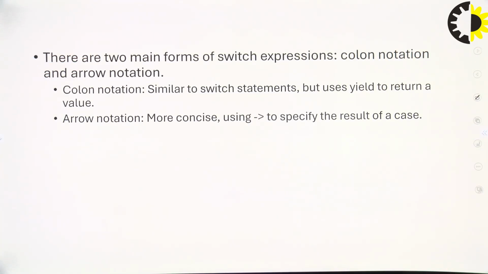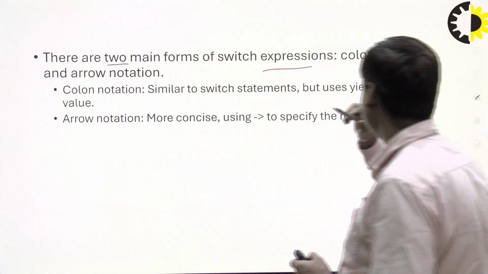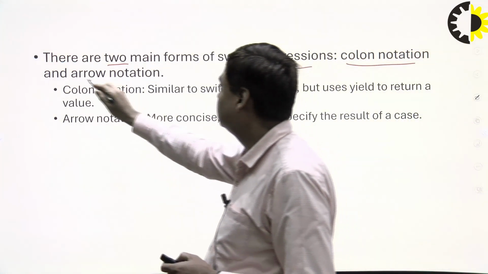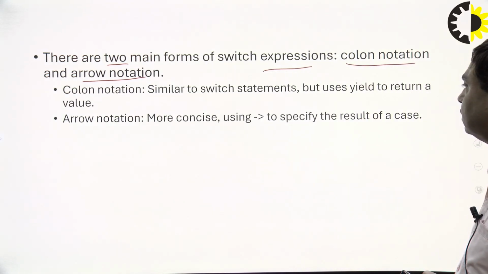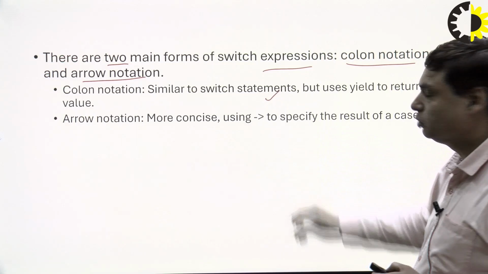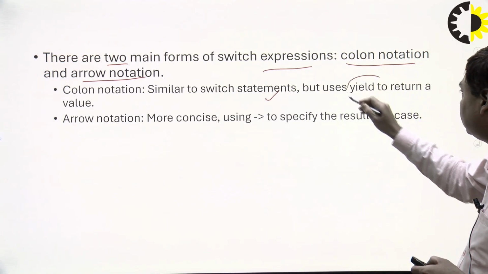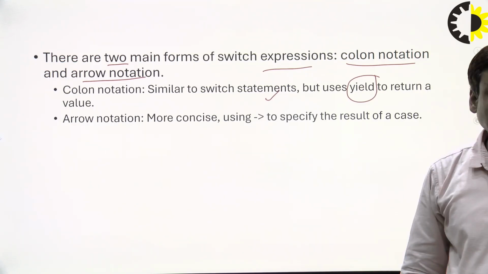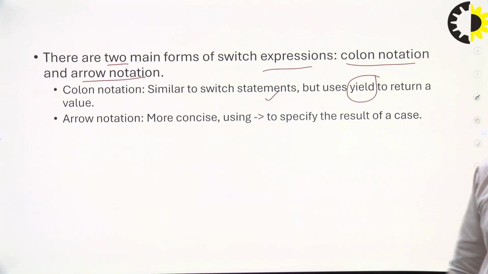Now, there are two main forms of the switch expression. The first one is colon notation. The second is arrow notation. Colon notation is similar to the traditional switch statement, but instead of break, it uses the yield statement to return a value. Generally, we do not use the break statement to return a value, but here we have the yield statement.